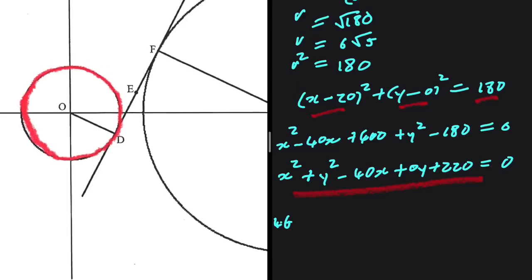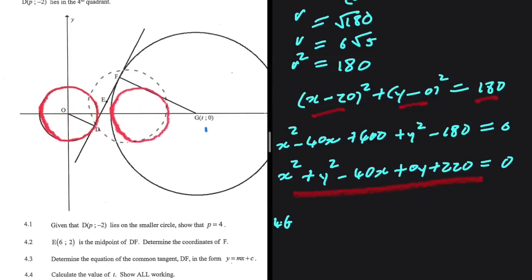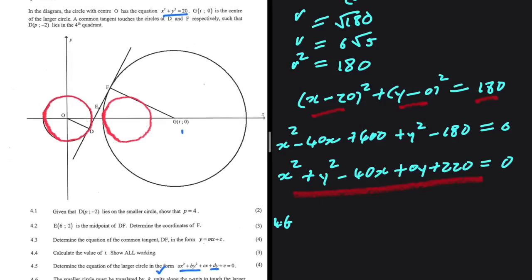Now I want to duplicate it and leave it there. When this circle is positioned like that, the larger circle and the smaller circle are touching internally.